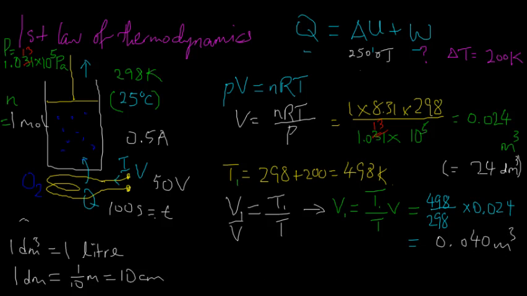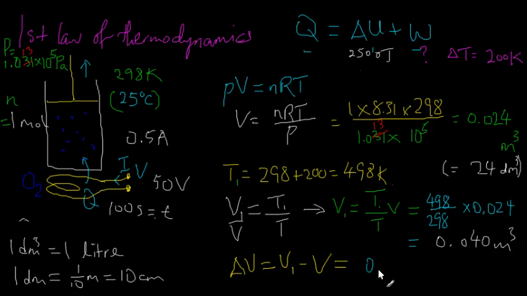Therefore, my change in volume, the delta V, would be my new volume minus my old volume, meaning this one minus that one.